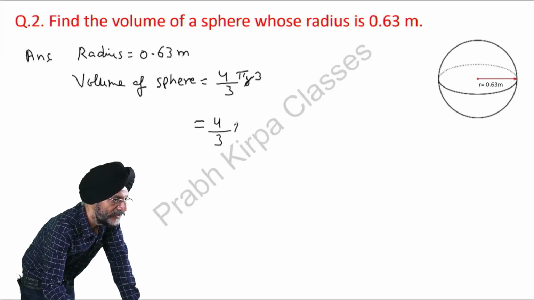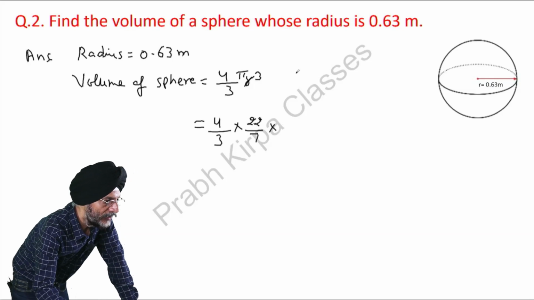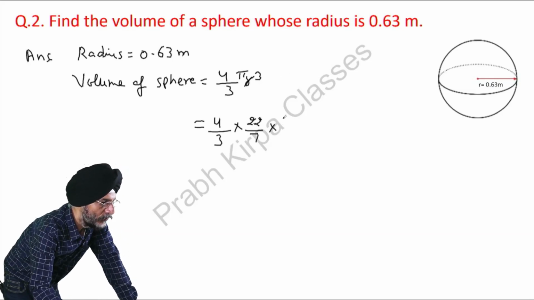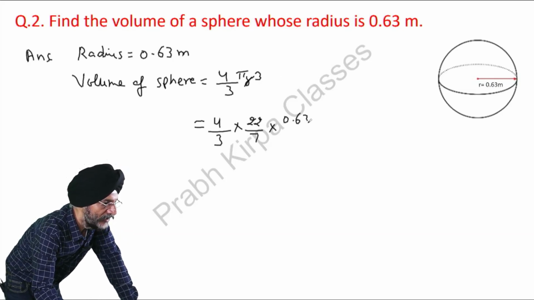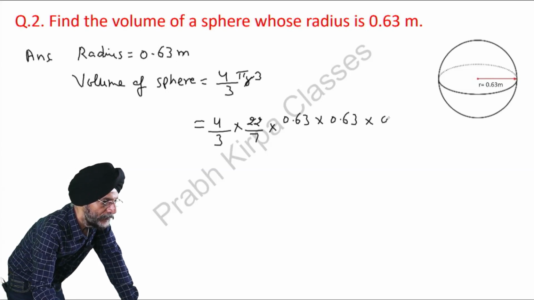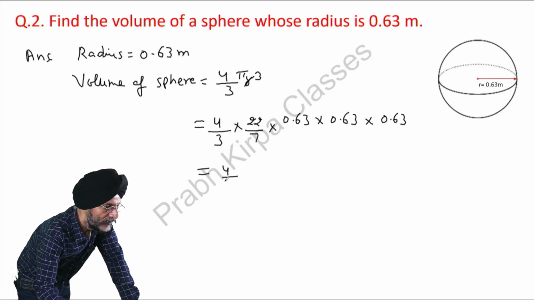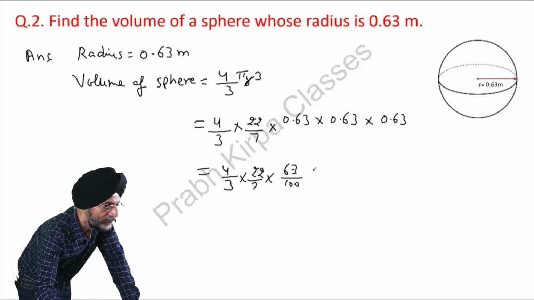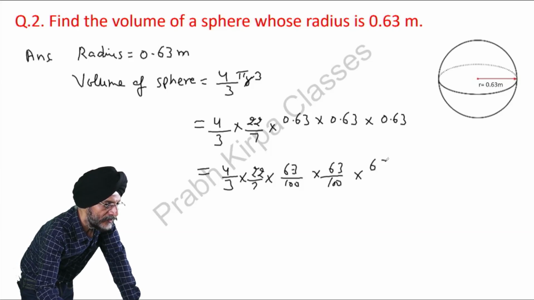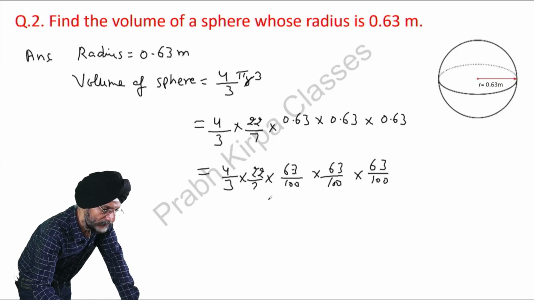4/3 pi stands for 22/7. Now r is in cube, so we will write r three times. Value of r has been written three times: 63/100, 63/100, 63/100.